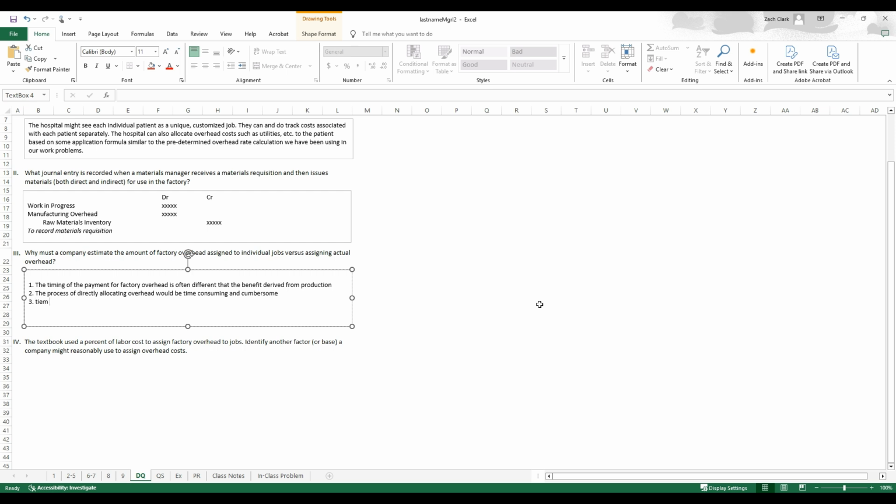Third, timely. This kind of follows from these two things as well. Timely pricing of products is needed, and we can't wait until all overhead costs are billed. That's another issue, right?